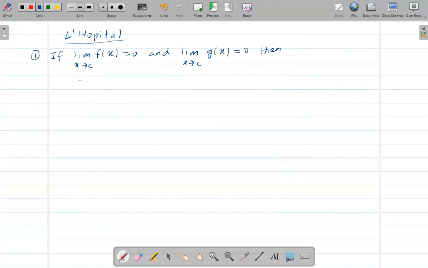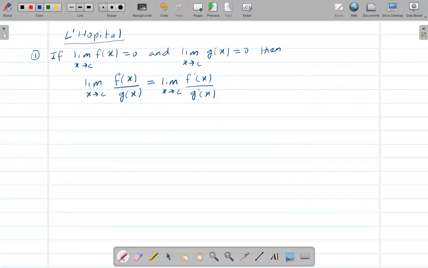Then the limit of f of x over g of x is equal to the limit as x goes to c of f prime of x over g prime of x.